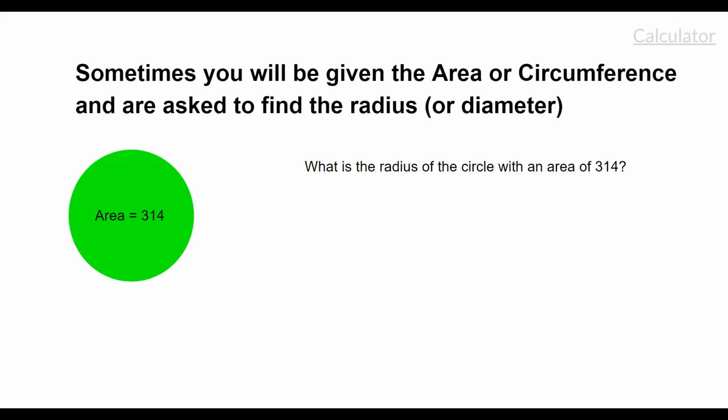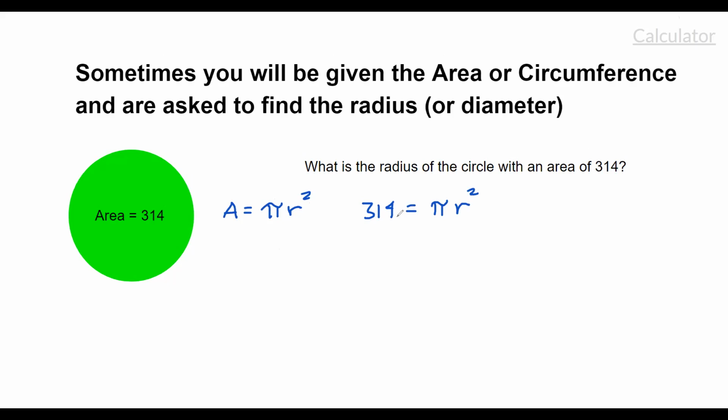Before I write that, let me write out the formula. Area is equal to pi times r squared. And in this case, we don't know r, but we do know the area. So I'm going to write 314 must be equal to pi times r squared.